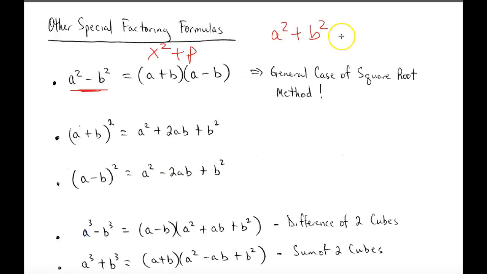The sum of 2 squares is going to be prime. Okay. So we're not going to be able to factor that, but the difference of 2 squares, we can always factor to a plus b times a minus b. If we have the same expression being multiplied times itself twice, we could always multiply it out to this.